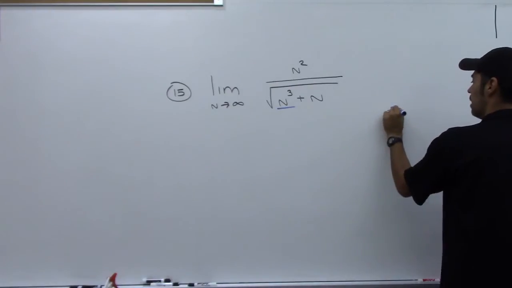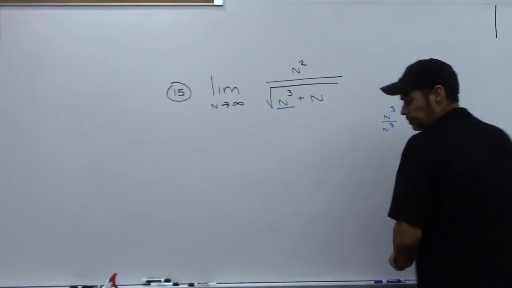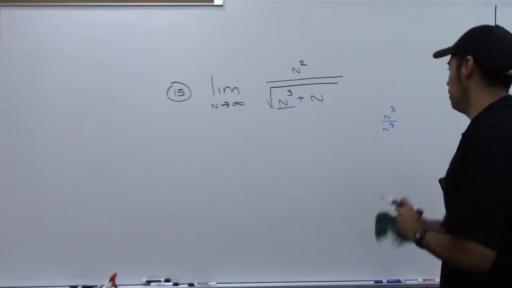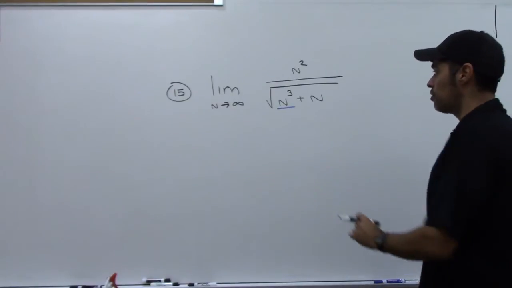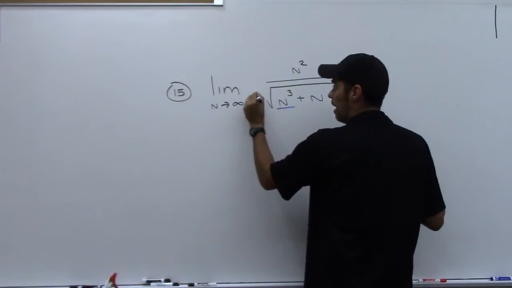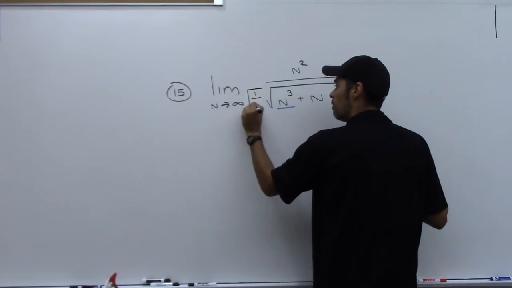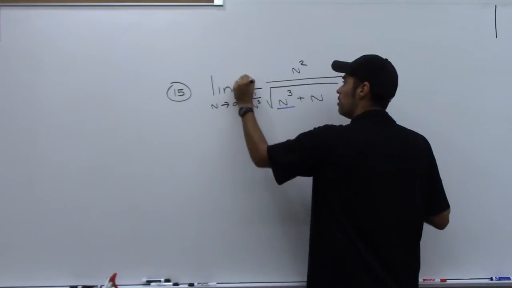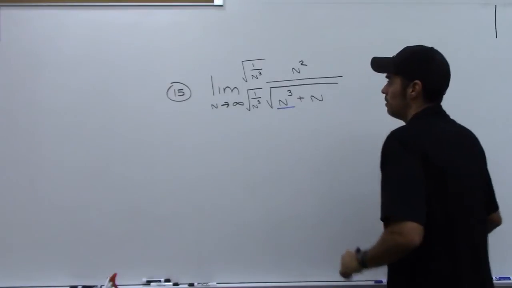Well, I can always turn n cubed into 1 if I divide by n cubed. So what I'm going to do is I'm going to be very clever here, and I'm going to introduce a 1 over n cubed right here. But I have to do it on the outside, so watch what I do. I'm going to do a square root of 1 over n cubed. And whatever I do at the bottom, I have to do the top. Like that. So this is a 1.